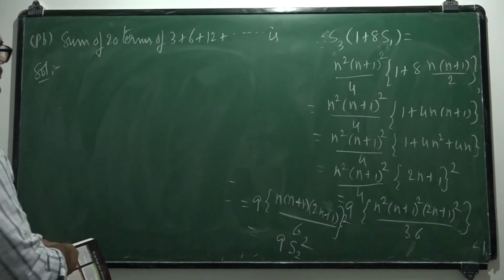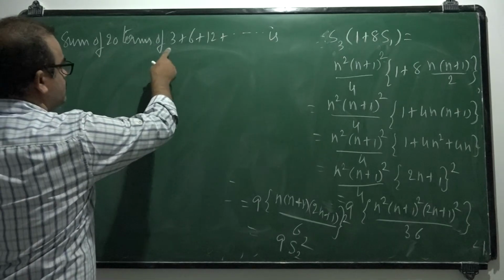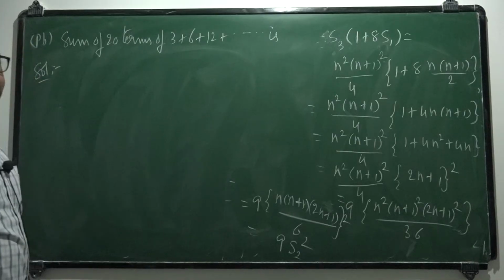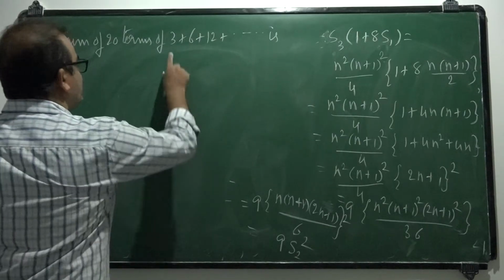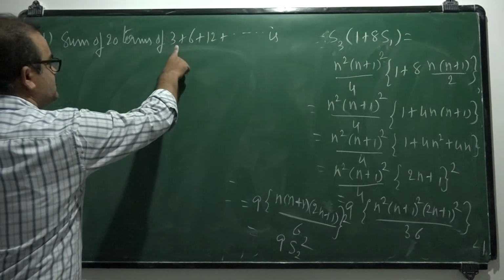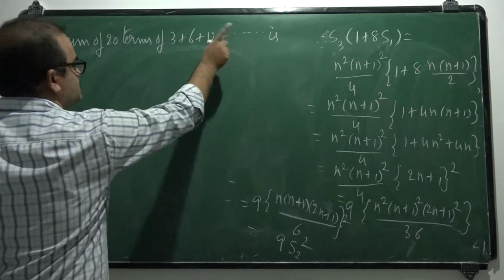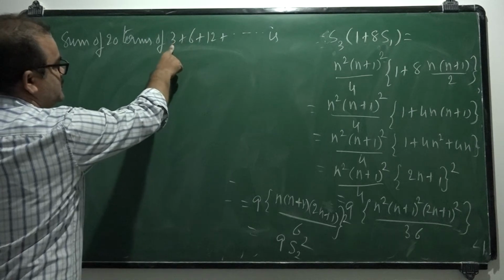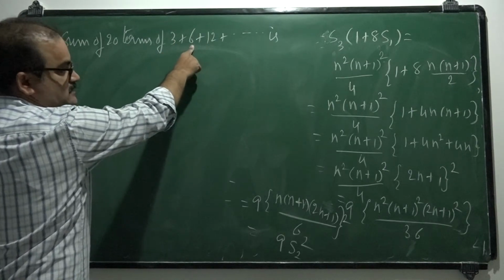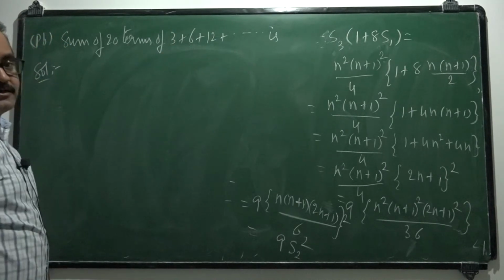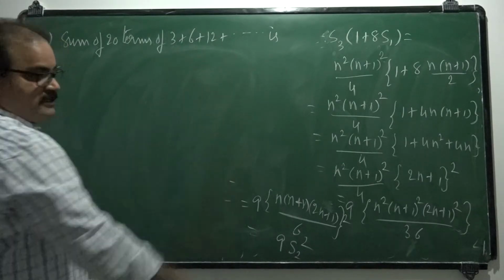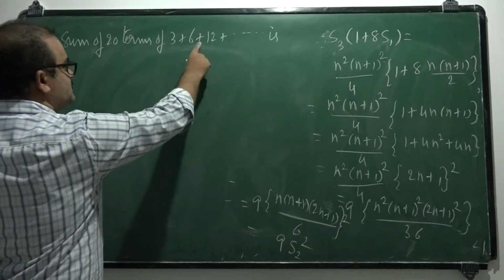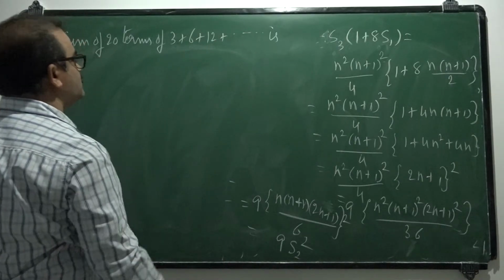Before finding the sum of 20 terms, we check whether the series belong to AP or GP. What is the given series? 3 plus 6 plus 12 plus so on. You see the difference, 6 minus 3, 3, 12 minus 6, 6. Here the difference is not constant. So it is not in arithmetic progression. Now we check whether it is in geometric progression or not.